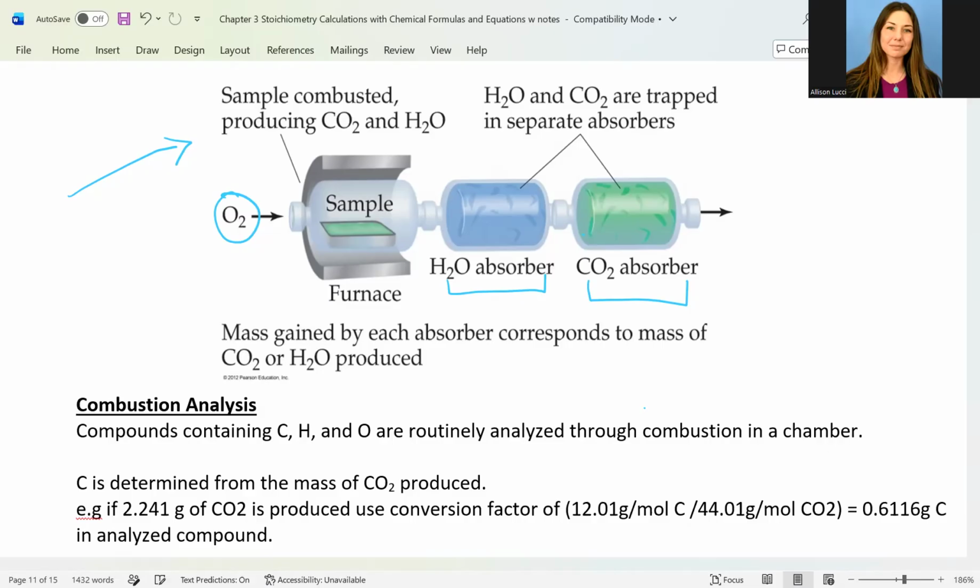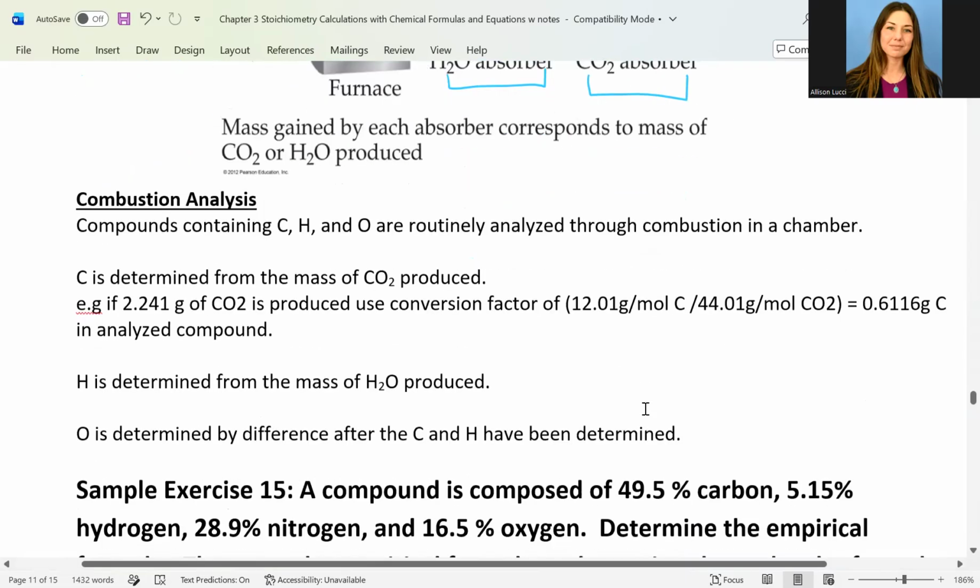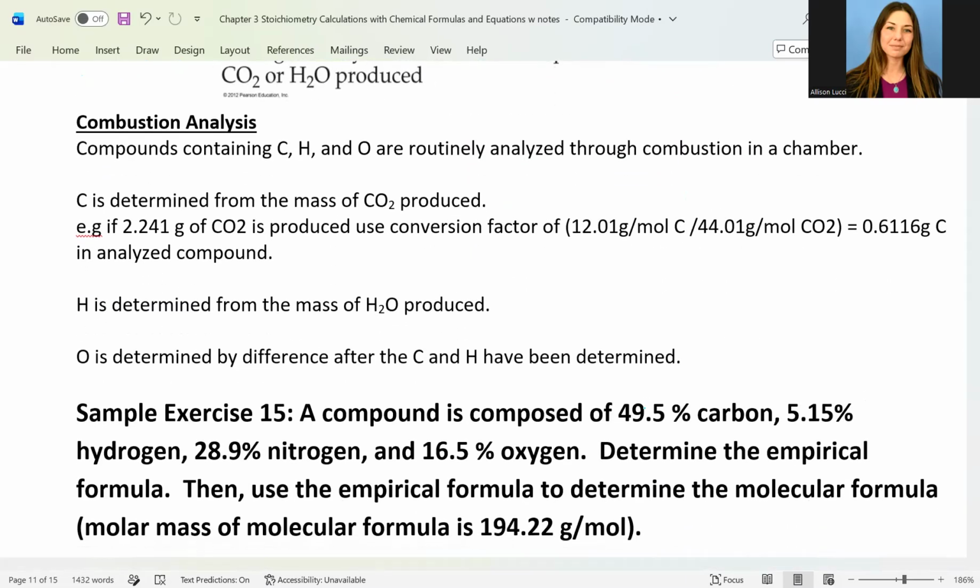And we have these absorbers here that, after we combust our unknown compounds, would capture a certain amount of water vapor and carbon dioxide. Then in certain analyses, we could multiply by a conversion factor for CO2 to carbon, shown here.